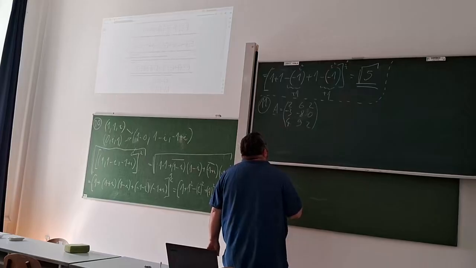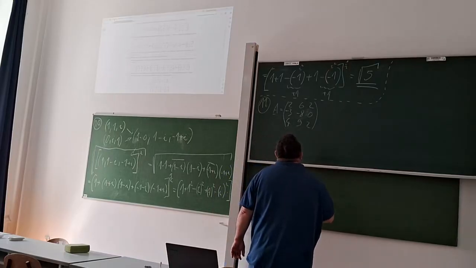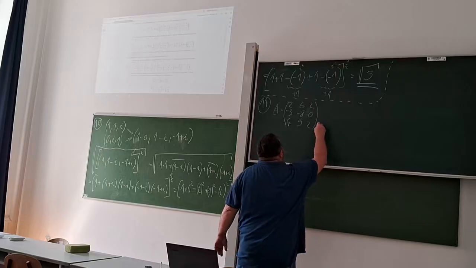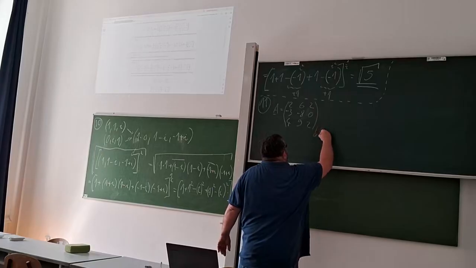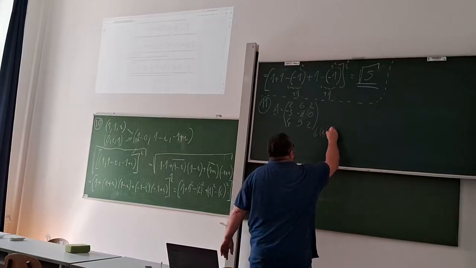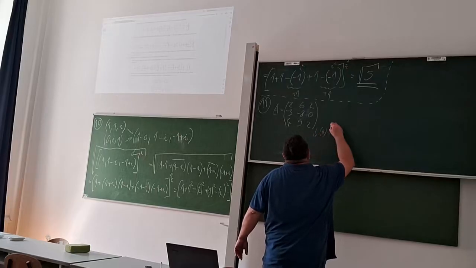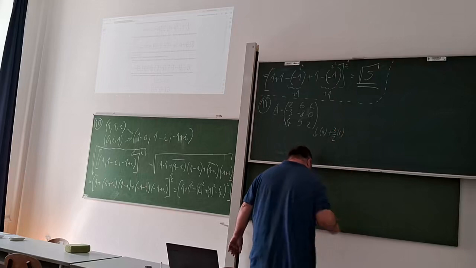Okay, let's start. So first, the first step is to remove the second row, and that would be to add the first row to the second row, and that's how. That's it.